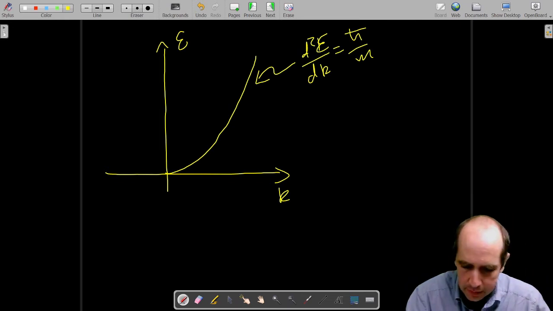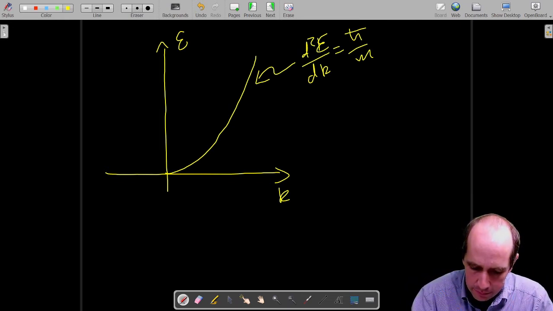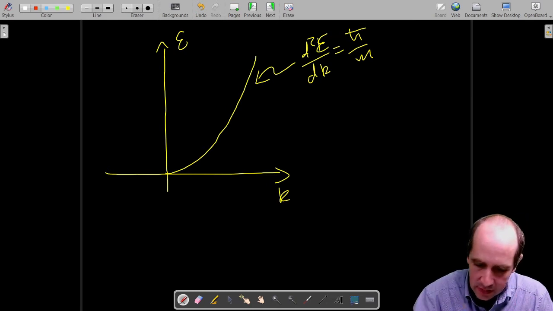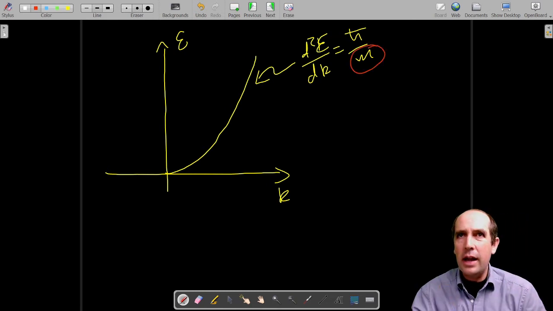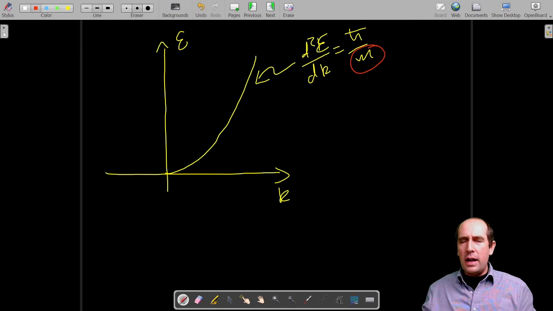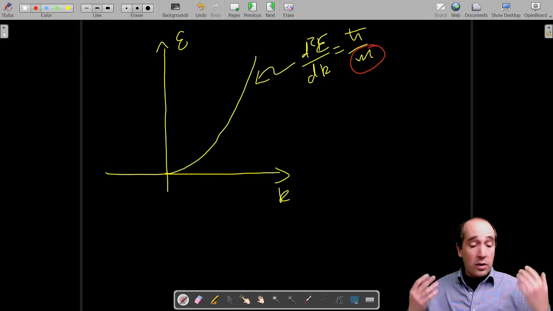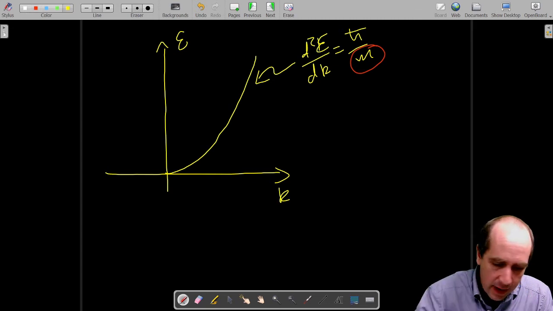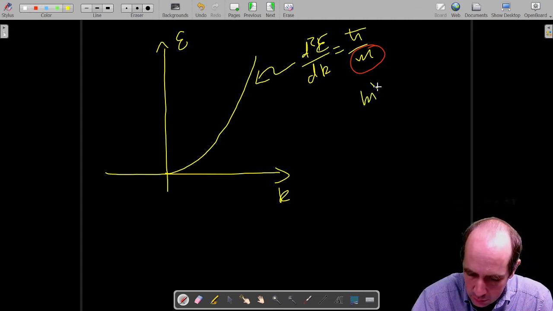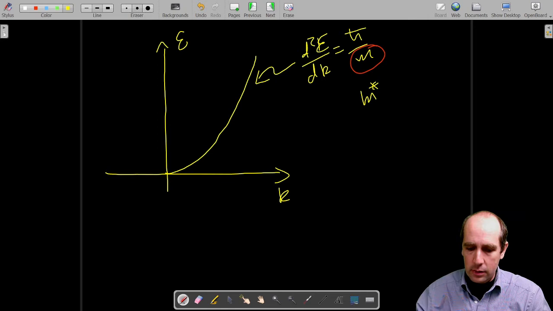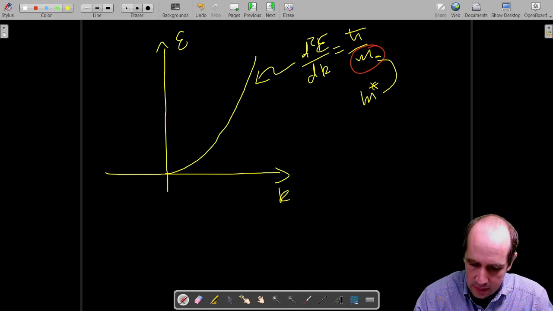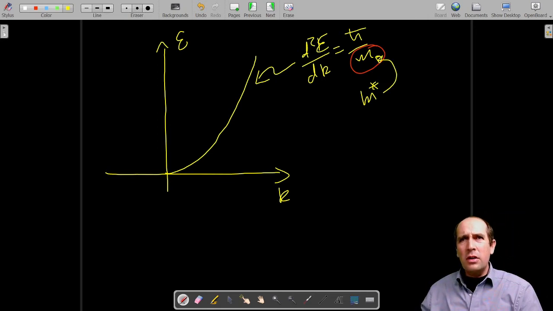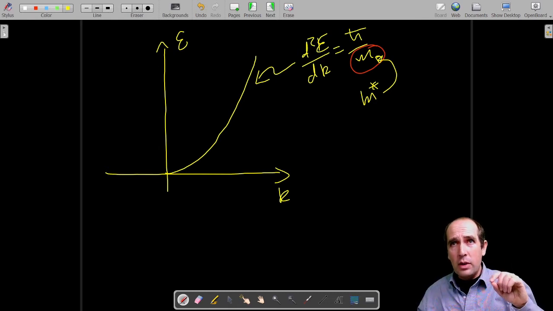Here this m, I'll make a small distinction. This m is not the mass of the electron in free space, it's not the mass you can check in any physics book. It's what we call the effective mass. So we put an m star there.